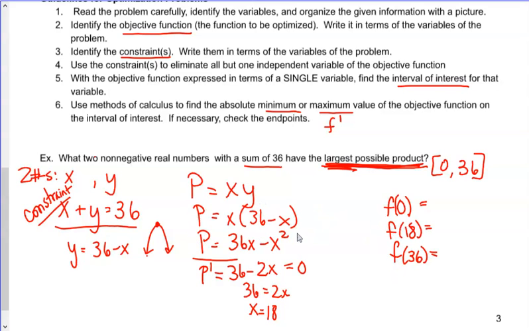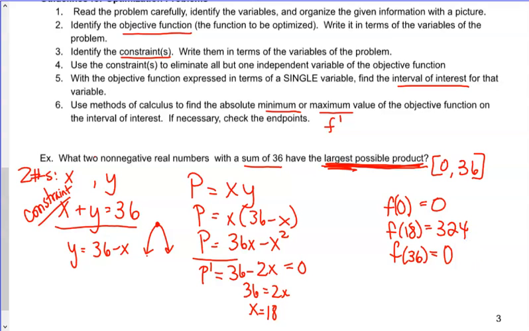But when I plug that into the original function, I get a 0. If I plug 36 into this original function, because of these factors right here, that's going to give me 0. And when I throw 18 into that function, 18 times 18, that would be 324.